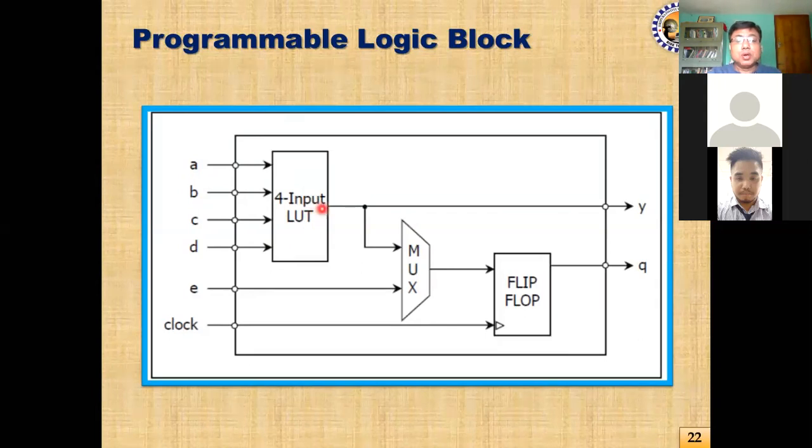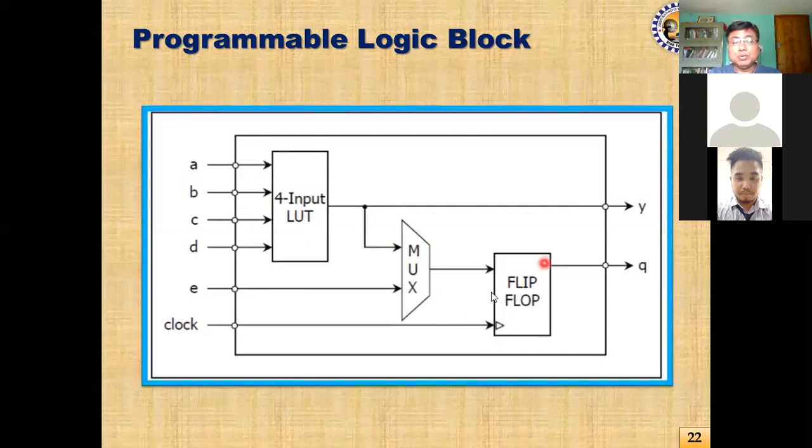Now the output of this will be a combinational one. So if you want a combinational expression of 4 inputs to be implemented, that can be housed here, and the output will be directly available at the Y output. And if you want, suppose, the sequential output, in that case you will have to use this flip-flop.